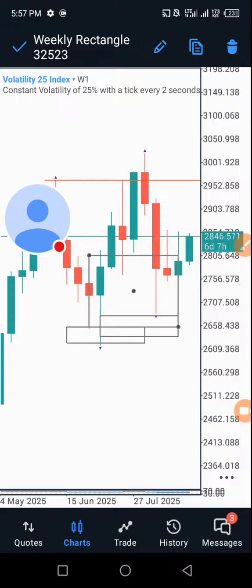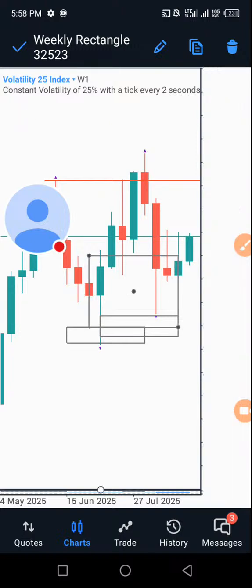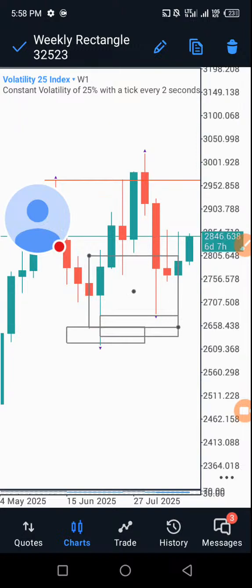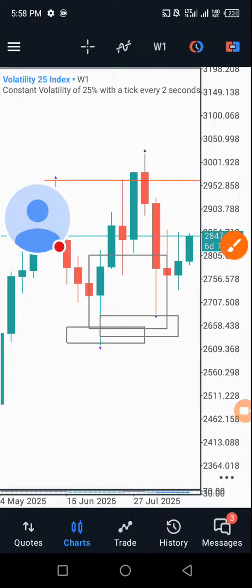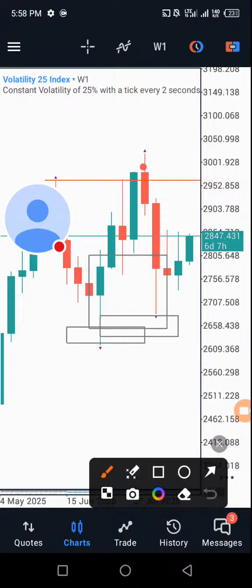Now, for those of us that are making use of a system, this order block here is a weekly order block, so we are considering this. Price actually came back inside of this order block.